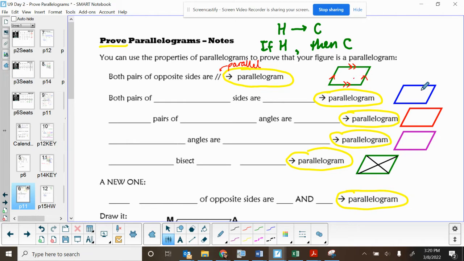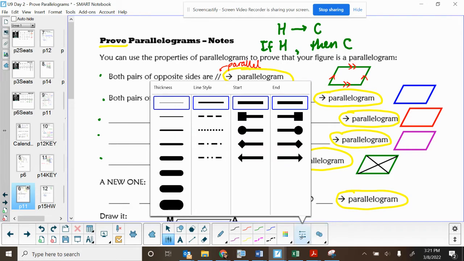So I know you don't have necessarily these drawn in, but you could draw them in with us as we go along the video. So I'm just going through and looking at each of those 5 properties that we already learned. And the next one is both pairs of opposite sides are congruent.